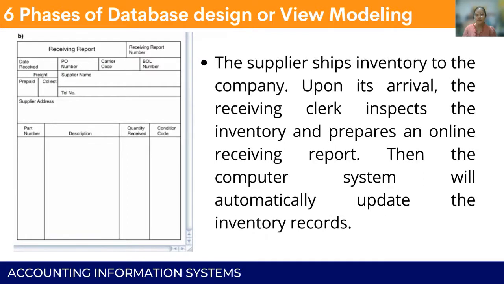Lastly, the supplier ships inventory to the company. Upon its arrival, the receiving clerk inspects the inventory and prepares an online receiving report. Then the computer system will automatically update the inventory records. And this is an example of the receiving report, which is shown in the slide.